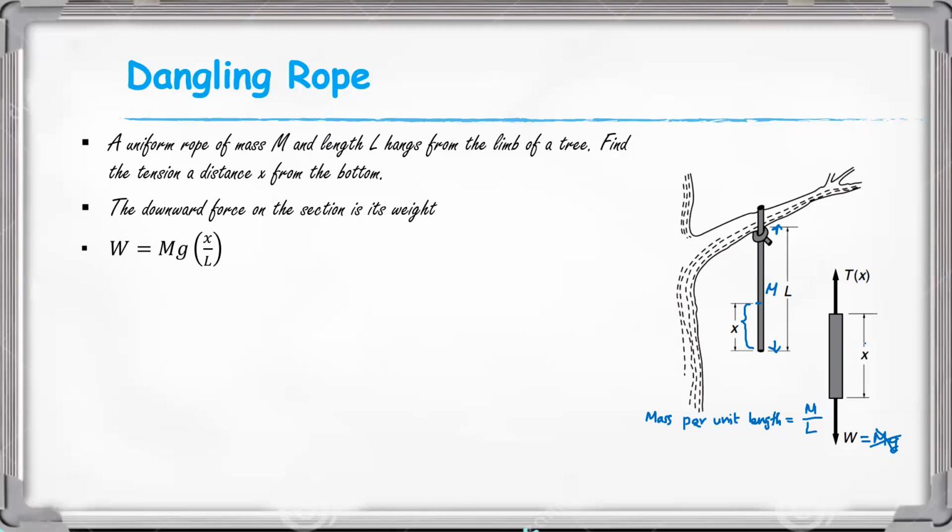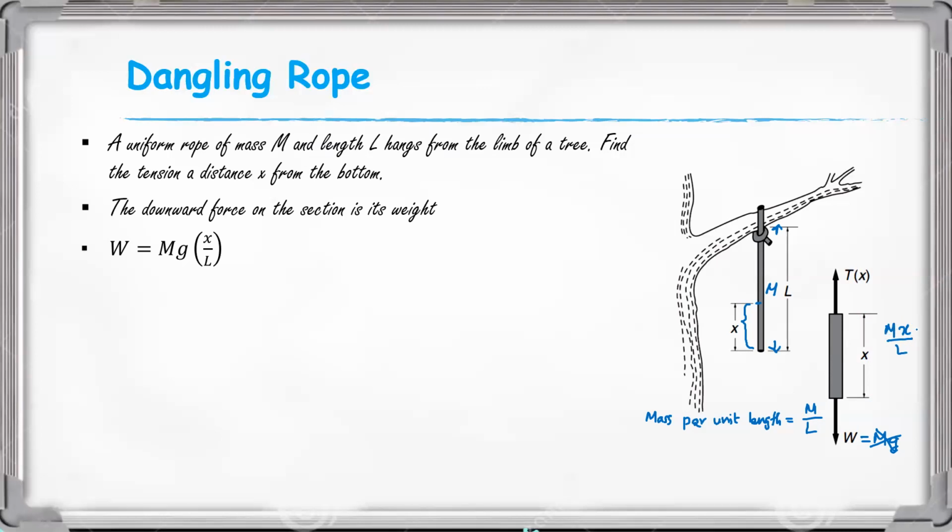Then for this section x, it must have a mass Mx divided by L. Okay, M into x divided by L.